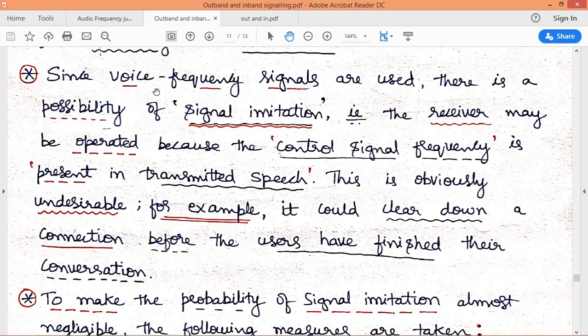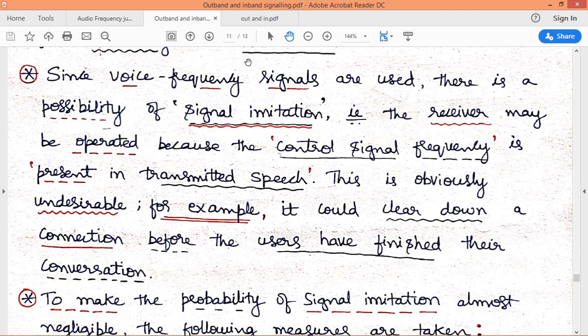Please note, in this case, that is in-band signaling system, we are using voice frequency control signals, and there is a possibility of signal imitation. The speech signal we are sending from the transmitter end may produce a frequency which is the same as that of the control signal frequency or tone signal frequency.